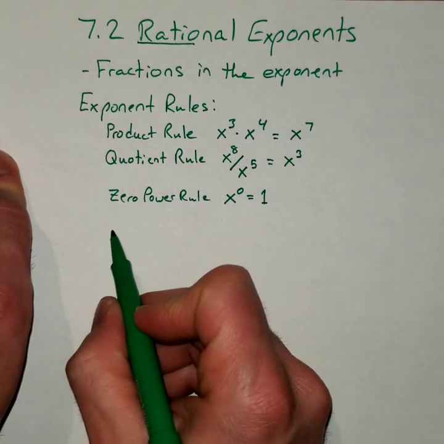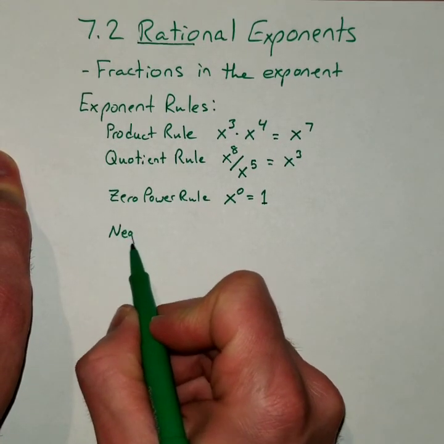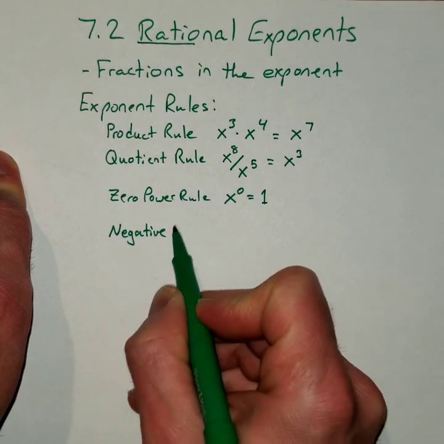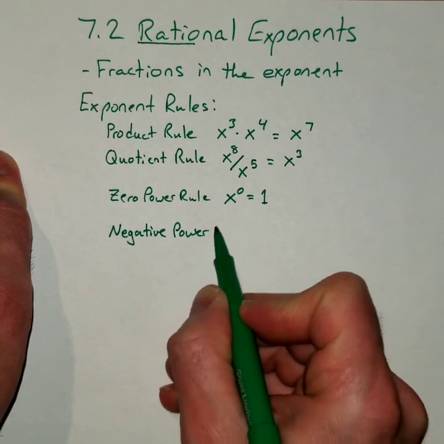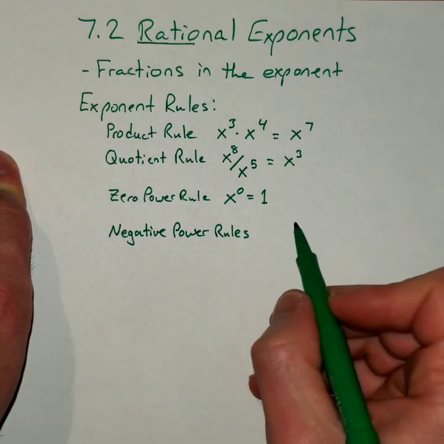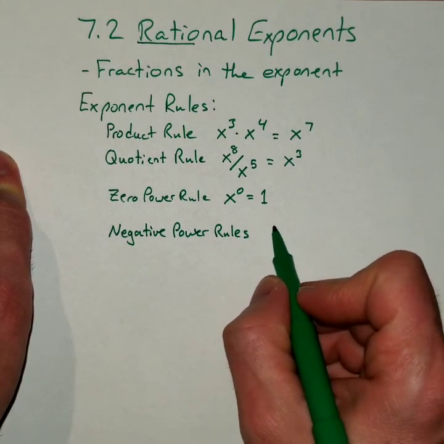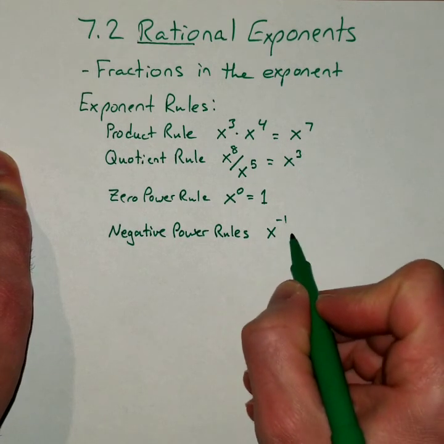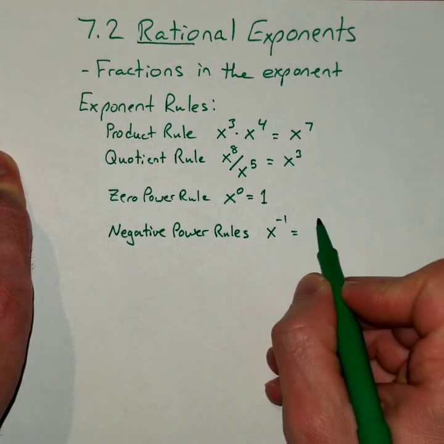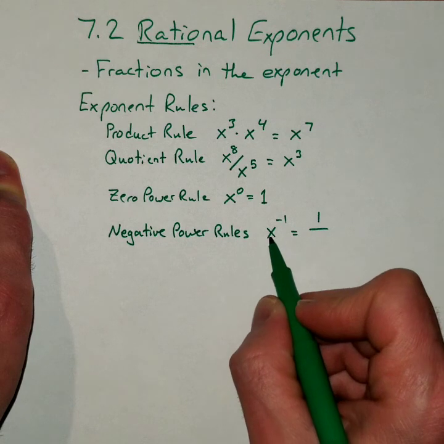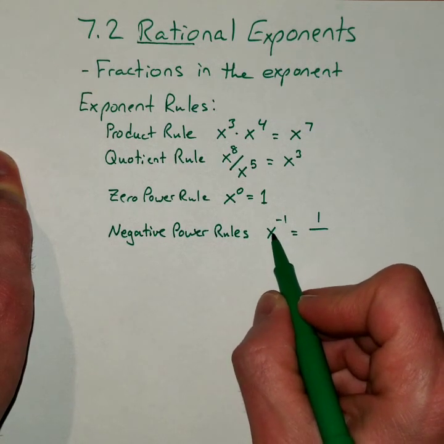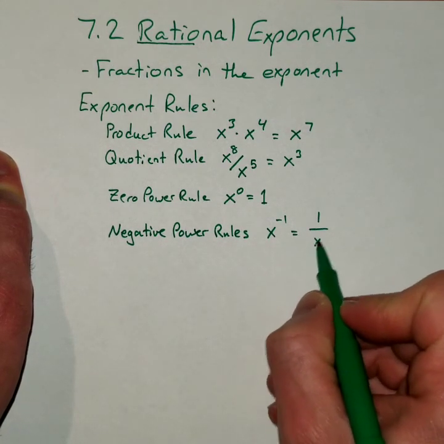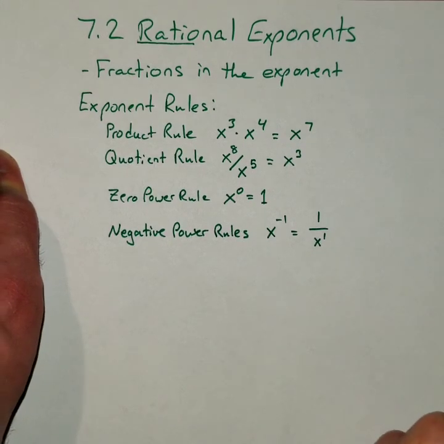We saw the negative power rules. And there's 2 of them. If you have anything raised to a negative power, then we can move that base to the denominator with a positive exponent.